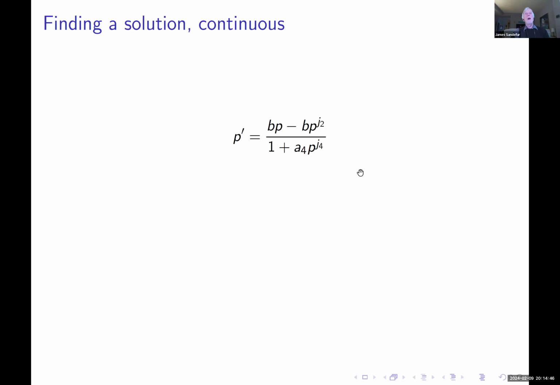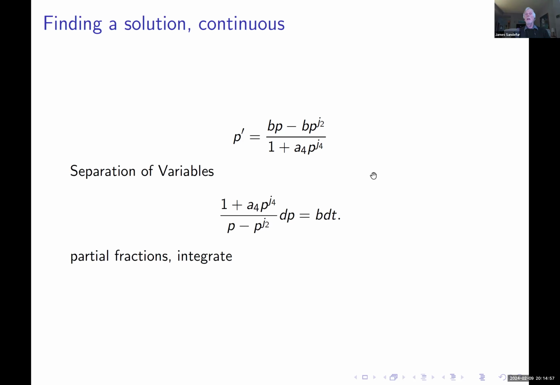If you're trying to find a solution for the continuous model, we can take this equation. If the J's are integers, we can do separation of variables and partial fractions. So theoretically, we can find a solution, but I've done it in a couple of simple cases, and even in the simple cases, you get the relation, but you just can't make heads or tails out of what's going on with it.